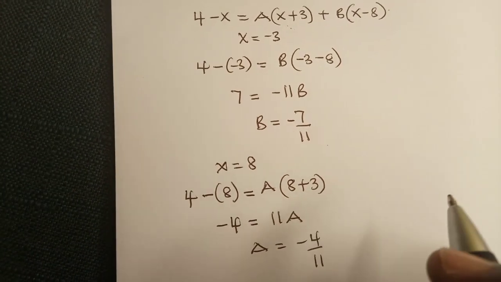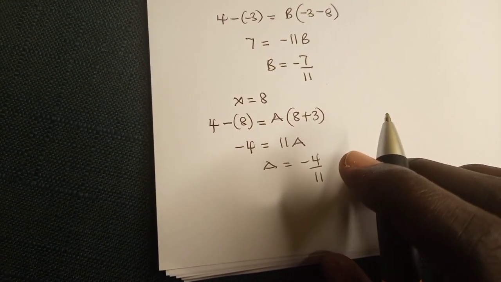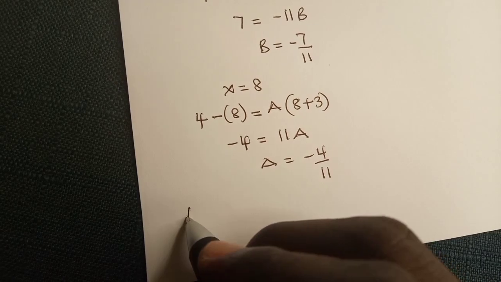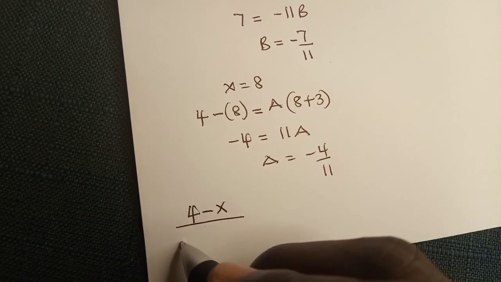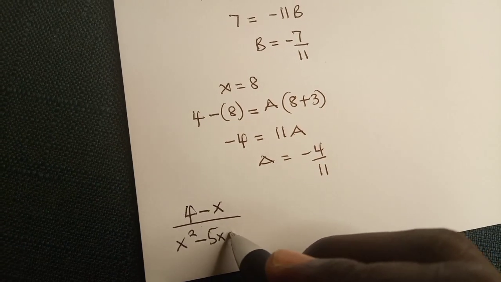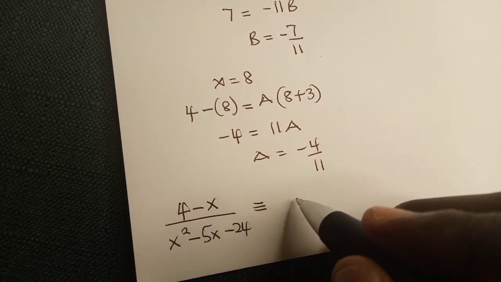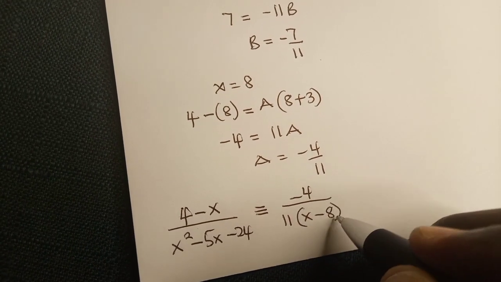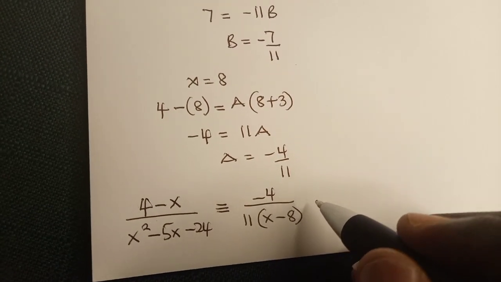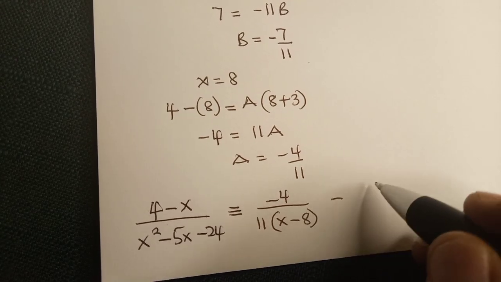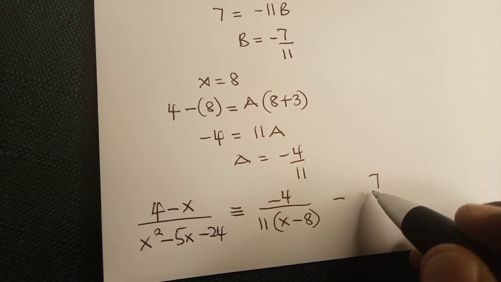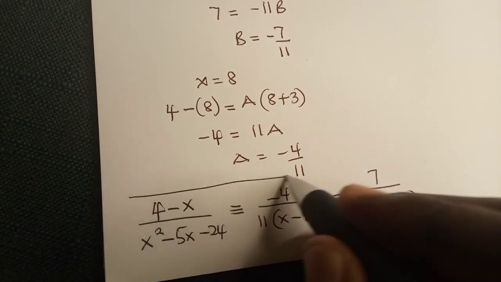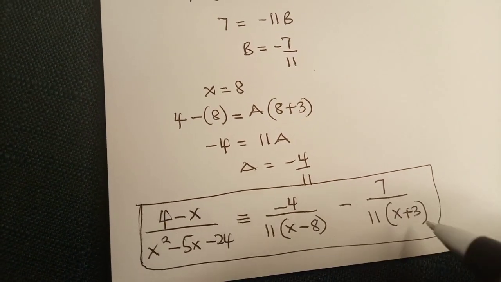That means our partial fraction is 4 minus x over x squared minus 5x minus 24 equivalent to -4 on 11 over x minus 8, then minus 7 on 11 over x plus 3. And that is that. Thank you.